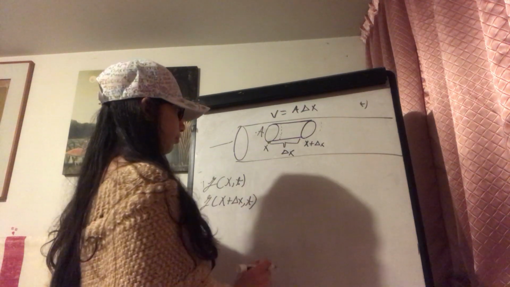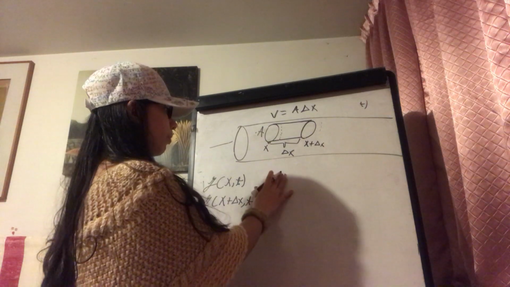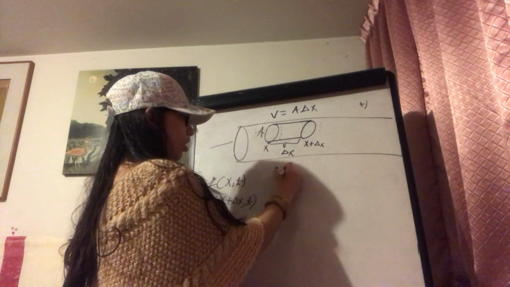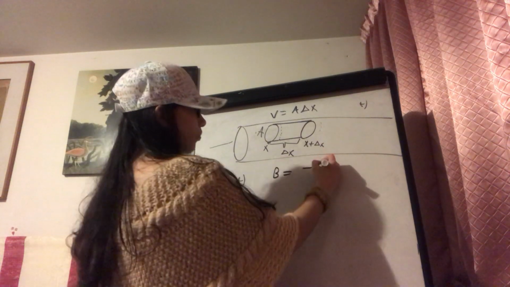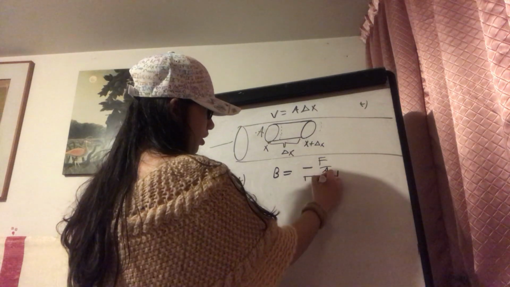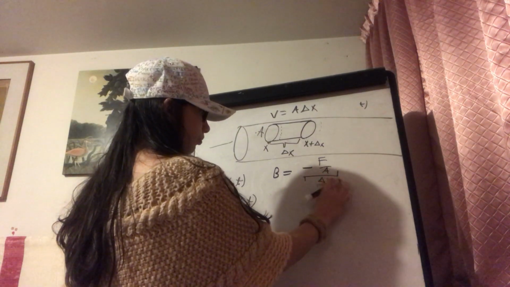Now remember that the bulk modulus is equal to the negative of force divided by area, all of this divided by the change in volume divided by the volume.